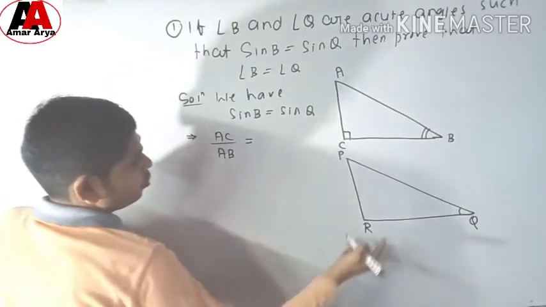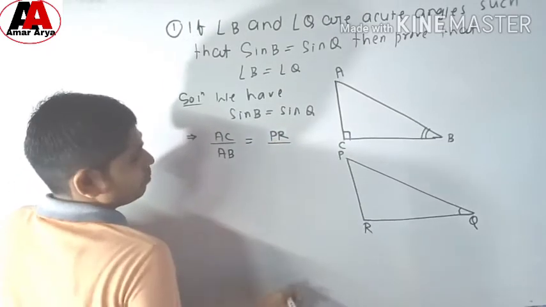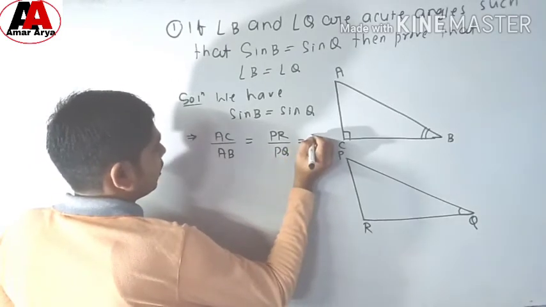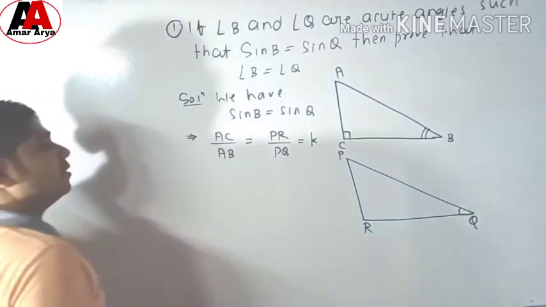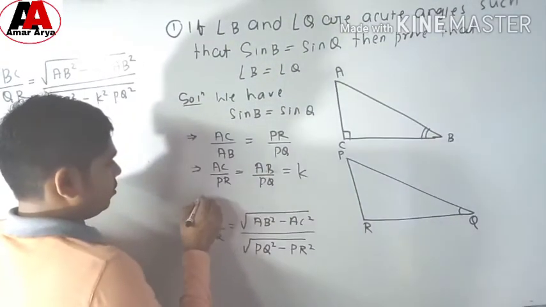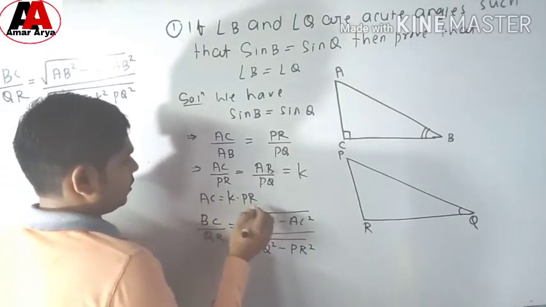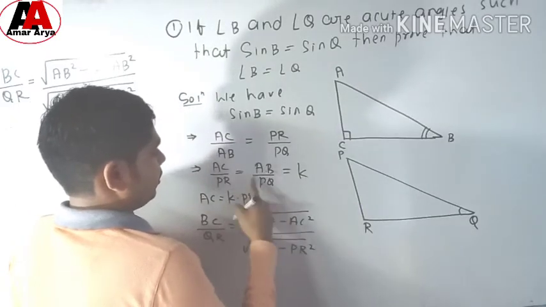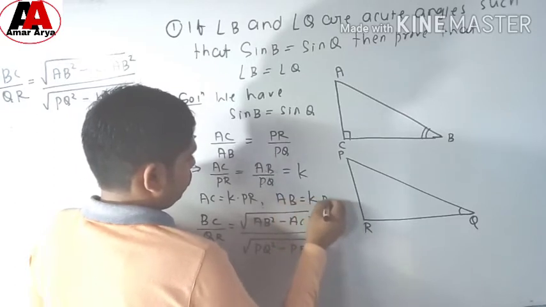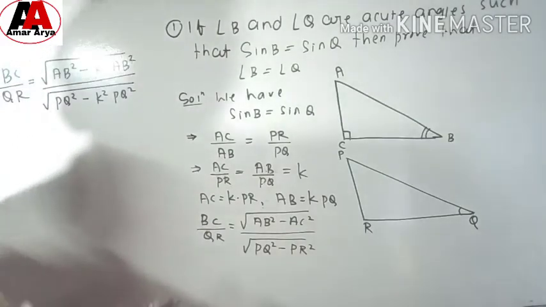And the value of sin Q we can write as PR by PQ, the hypotenuse. We will take this ratio as K. So we can write AC equals K into PR, and AB equals K into PQ.